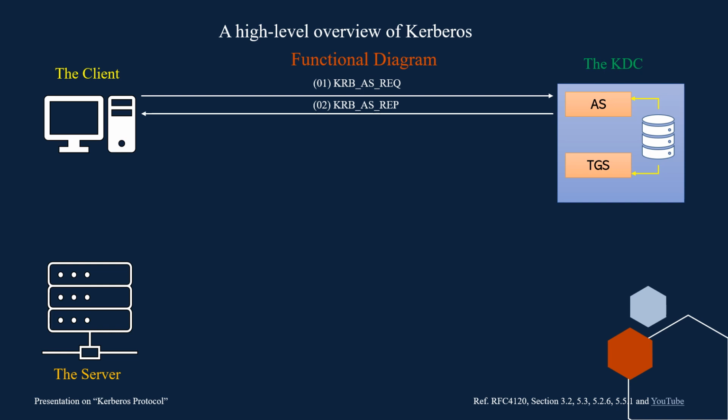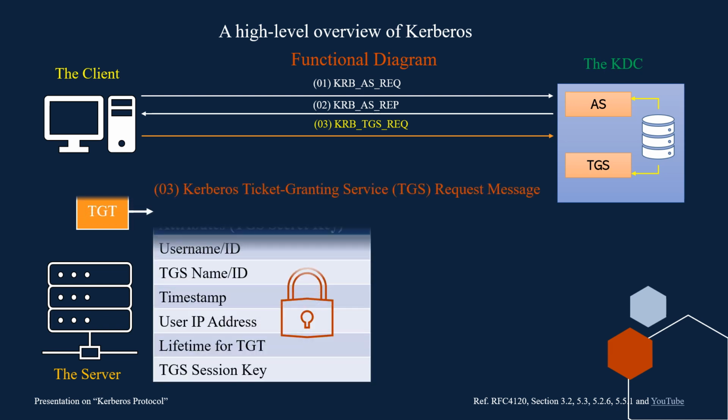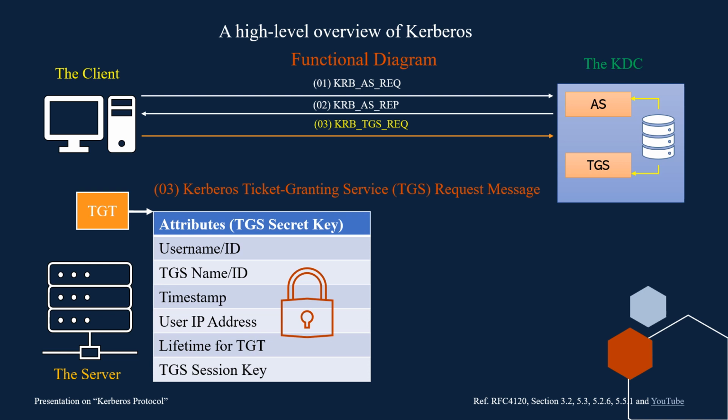Now the client will send some other message to the ticket granting server for giving it a service ticket. So the client will send the ticket granting ticket that it received from the authentication server, and along with the ticket granting ticket, it will send two other messages.